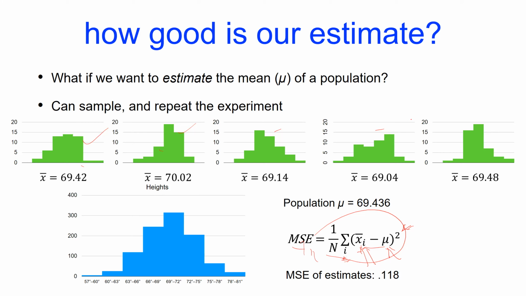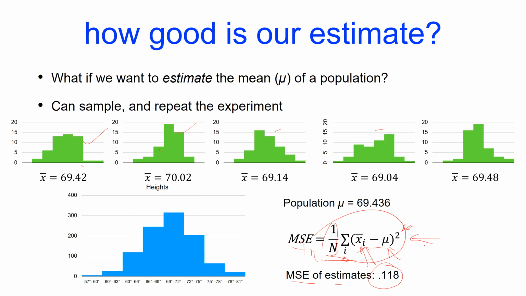So you add over all samples, and then divide by how many subgroups you have performed. This tests how good your guess is. So now the mean square error estimate is 0.118.